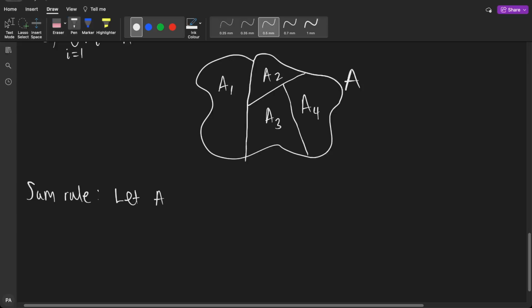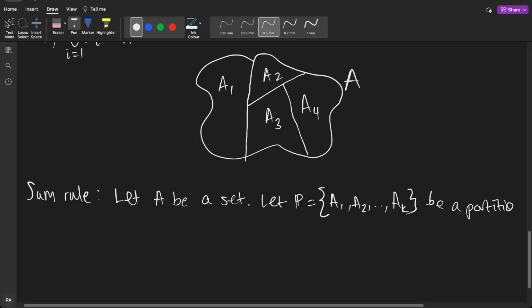We'll say let A be a set and we will assume a finite partition of A. Then the size of A is simply the sum of the sizes of each of those sections of the partition.